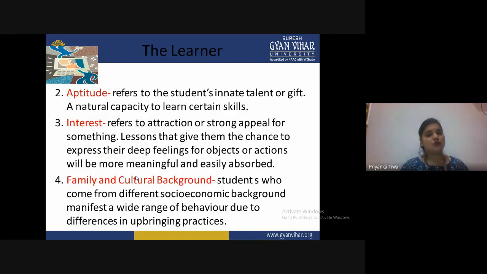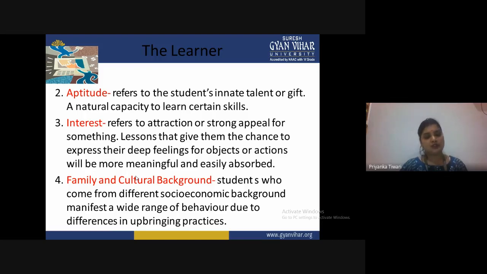Aptitude refers to the student's innate talent or gift, a natural capacity to learn certain skills. Interest refers to attraction or strong appeal for something. Lessons that give them the chance to express their deep feelings for objects or actions will be more meaningful and easily absorbed.